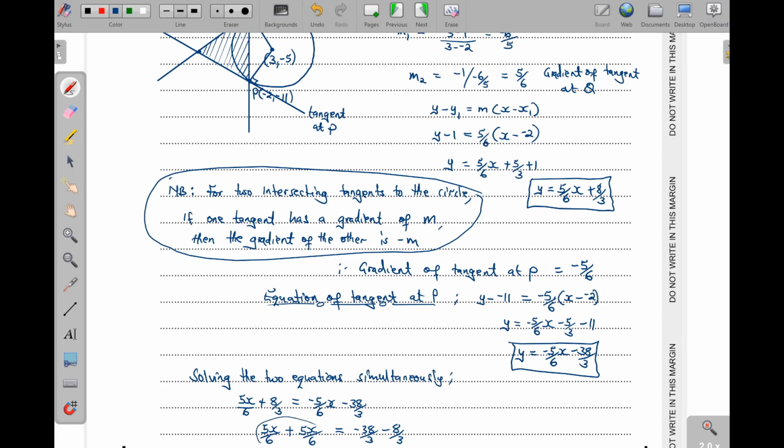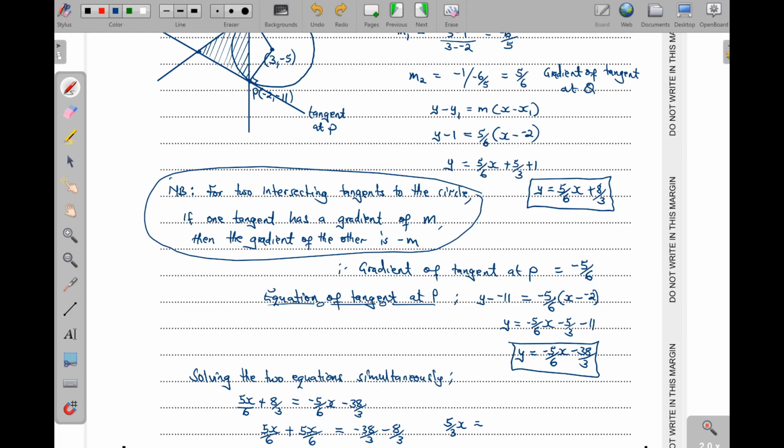Now what do we get here? This one is like saying 5 over 6 of x, then times 2, which is going to be 5 over 3 of x. Not so? So 5 over 3 of x then is going to be equal to 38 plus 8.